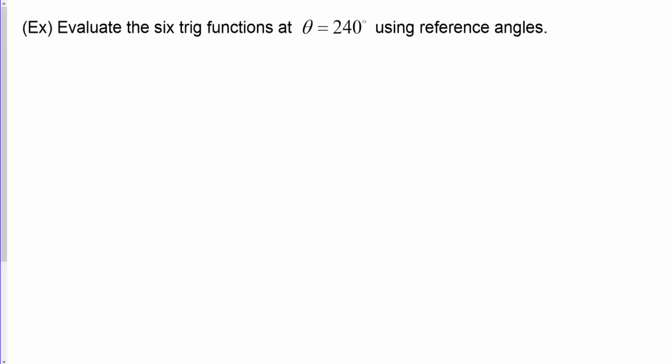So let's see how reference angles can be helpful, and let's evaluate the 6 trig functions at theta equals 240 degrees using reference angles. Okay, so 240 degrees, that's in quadrant 3. So I'm going to draw this angle measure. Actually, I'm going to do my axes in black.